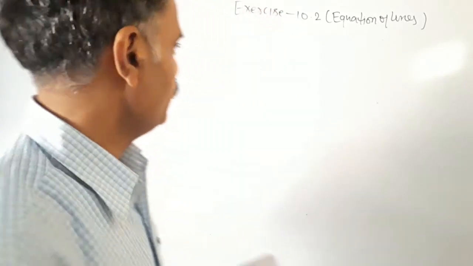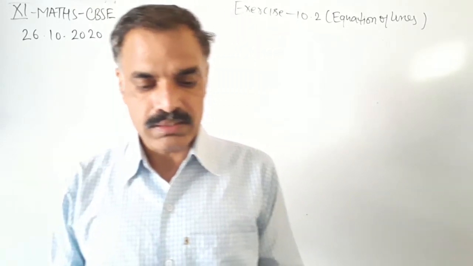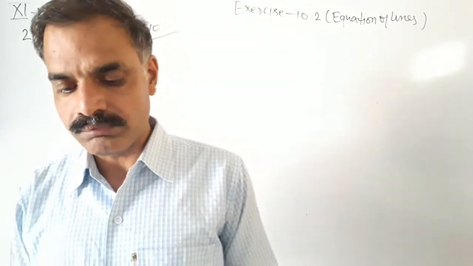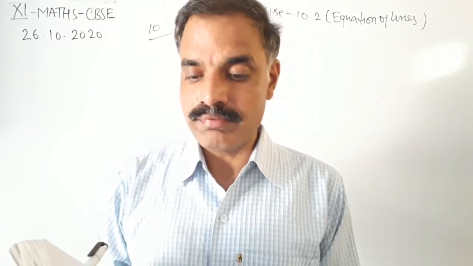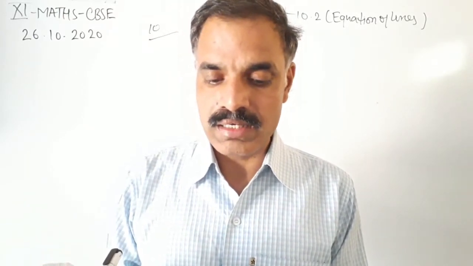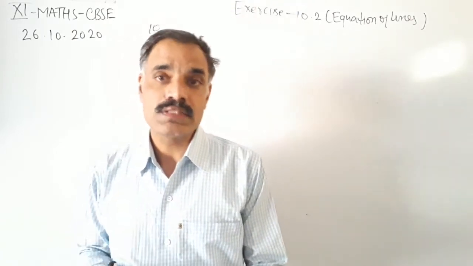Question number 10 is: find the equation of the line passing through the point (-3, 5) and perpendicular to the line through the points (2, 5) and (-3, 6). Two pieces of information are given.